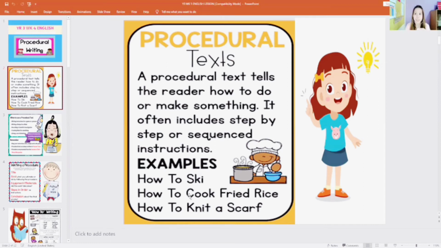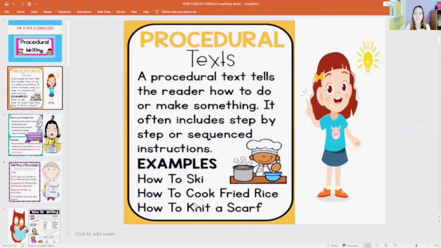An example is how to ski. Of course, you can learn that when we have snow all around us. Or you can say how to cook fried rice. Whoa, yum. How to knit a scarf. Wow, that's a difficult one. Let's see if we can do that.